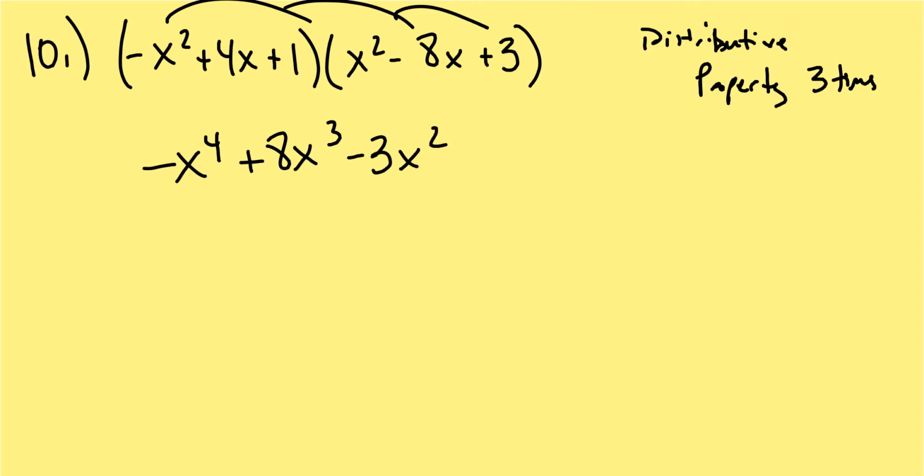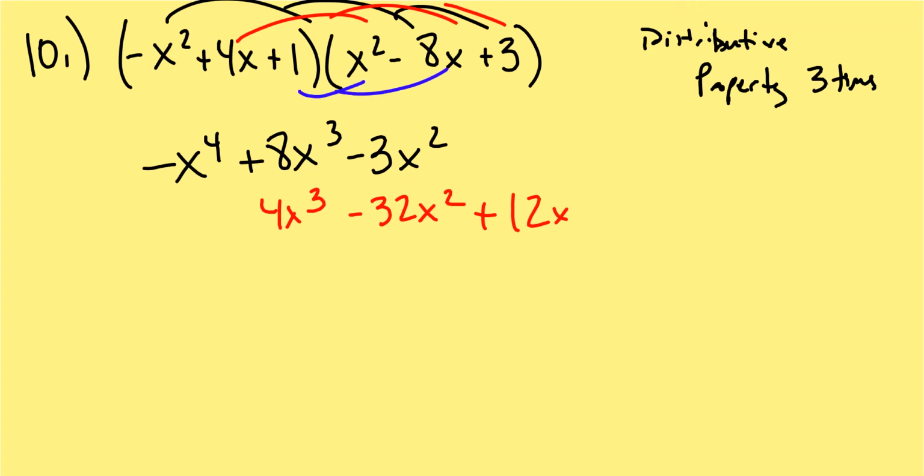Now 4x is going to go to everything. So I'm going to get 4x times x squared. That's 4x cubed. 4 times negative 8 is minus 32x squared. Then 4x times 3 is plus 12x. Now we're not done yet, because now 1's got to go to everything. So I get x squared minus 8x plus 3.